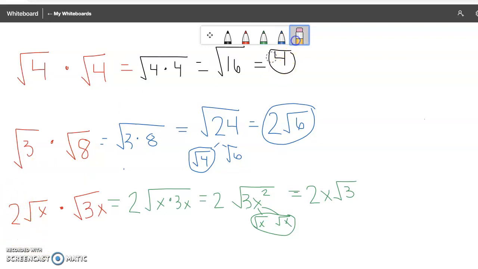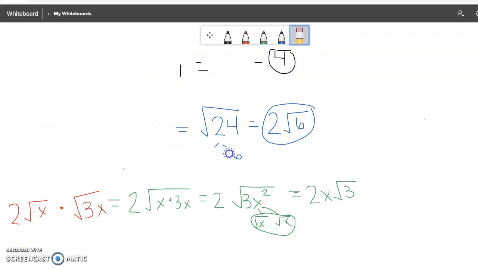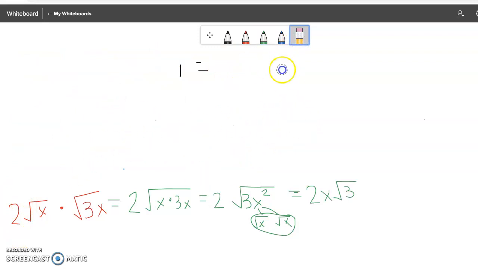Just to show you another example of something that's on the outside, let's pick 3 radical 2 times the square root of 4.